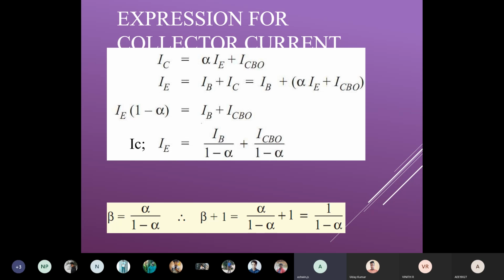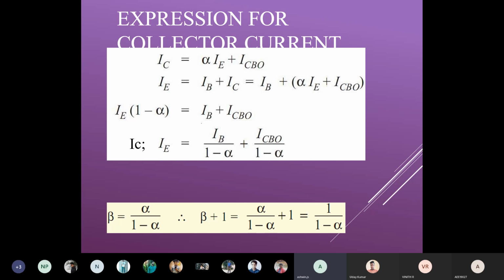In the second line we're just substituting, so here you will find IE on the left hand side as well as alpha IE on the right hand side. So I will combine them. I'm taking alpha IE to the left hand side, so you get the equation IE minus alpha IE. IE is common, so I'm taking the common IE outside. Your equation will become IE into 1 minus alpha is equal to, what is the remaining?